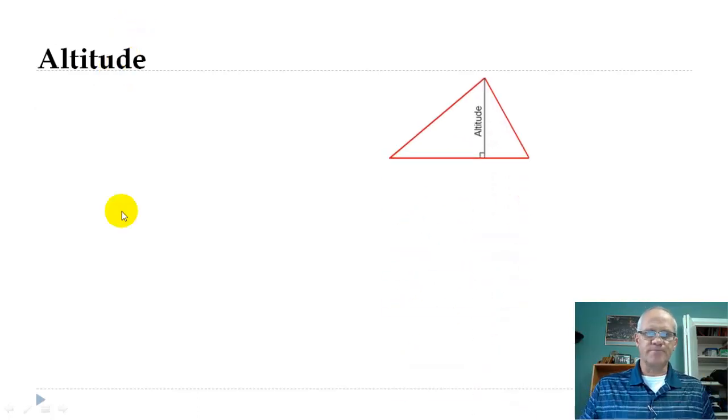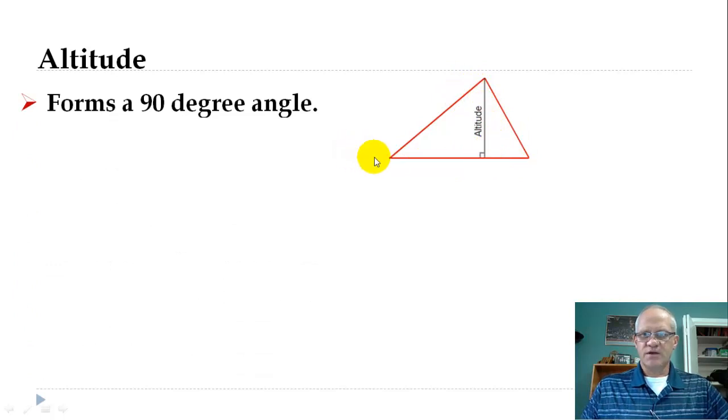All right, last thing. The last of those four things we want to talk about is the altitude. If you notice, here's a diagram with the altitude marked, and it makes a 90-degree angle. That's the big thing there, which was the same as the perpendicular bisector.